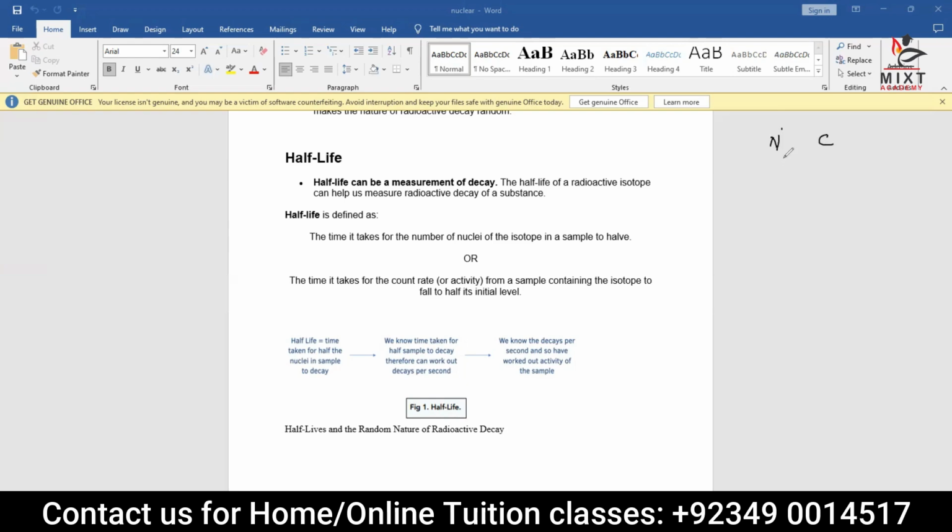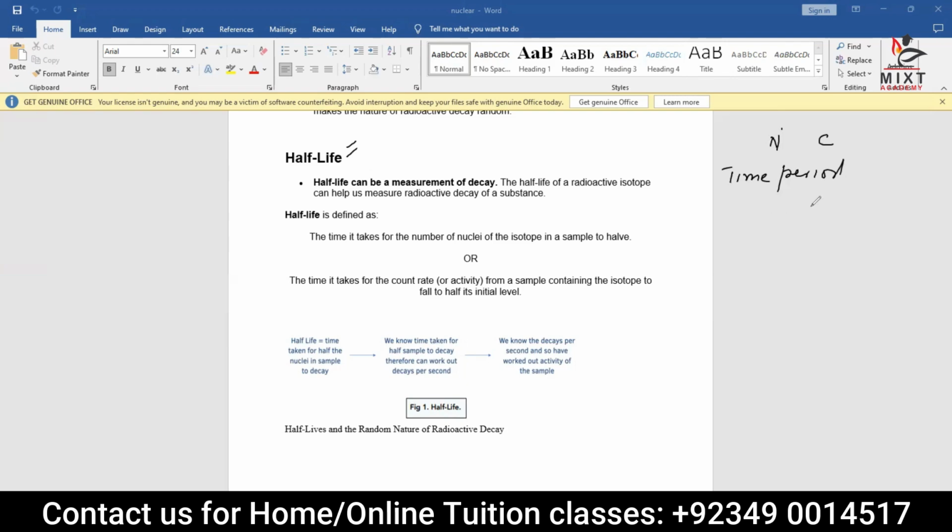My question is, how do you know in how much time how much material has decayed? For that reason, we use the term half-life. It means the time period in which half of the element or half of the material has decayed.